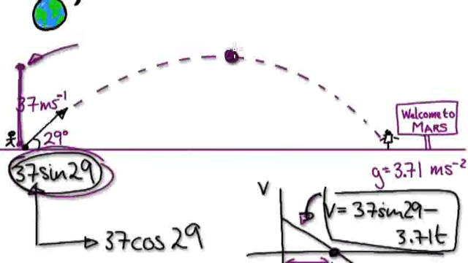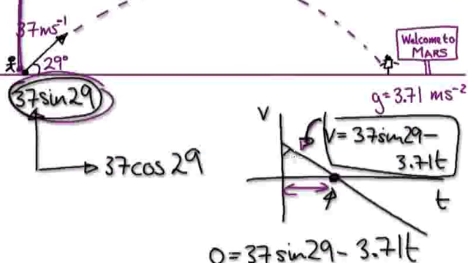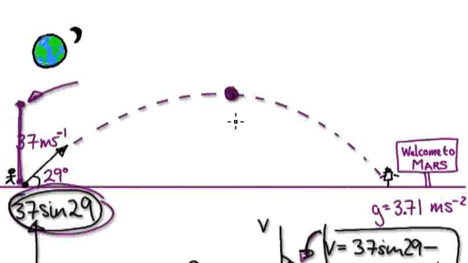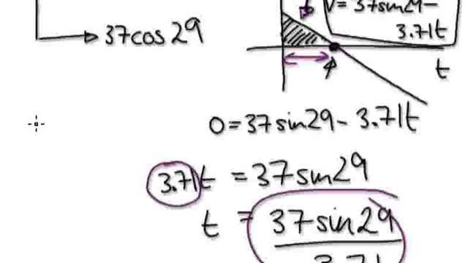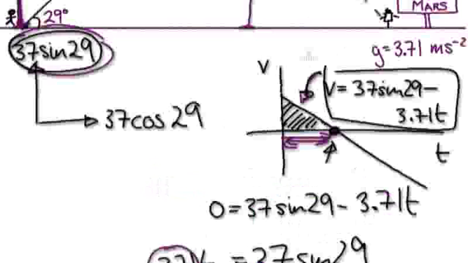Now if you want to know the maximum height, it would be the area underneath the graph. So finding out this maximum height here is the same as finding out this maximum height here. They're the same. So now that we've got our t, we need to work out the area of this triangle here.